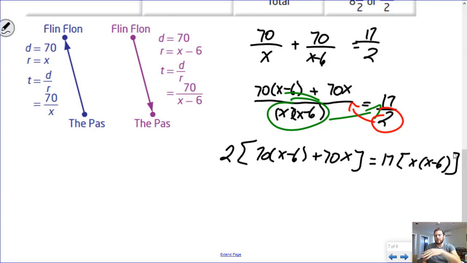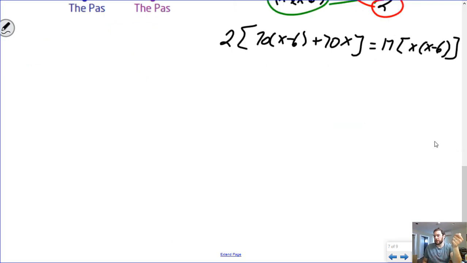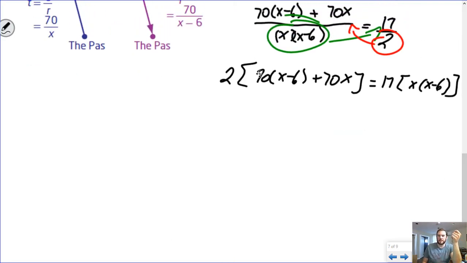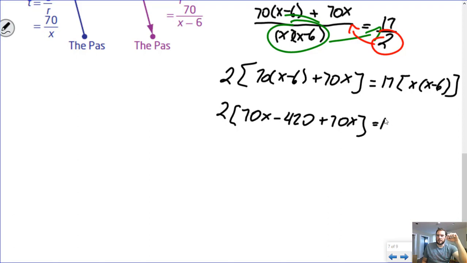Right? So now I'm going to have a big series of polynomials, but no more rational polynomials, no more of those fractions, right? So now let's just expand everything and then start getting x by itself. So if I take the inside here, so I'll leave the 2 for a second, 70 times x is 70x, and 70 times negative 6 is negative 420 plus 70x. Leave the 17 alone for a second. X times x is x squared, and x times 6 is negative 6x.